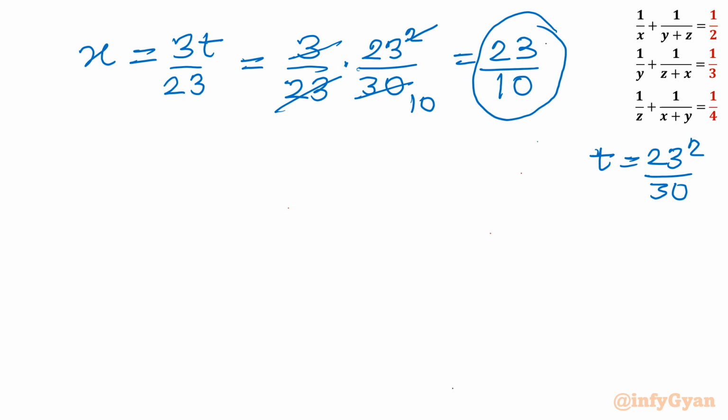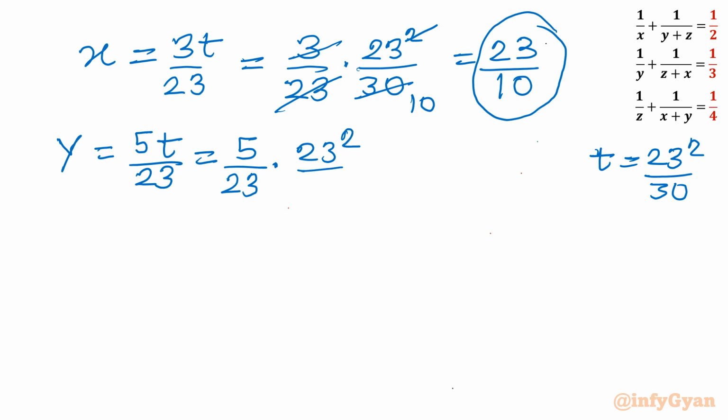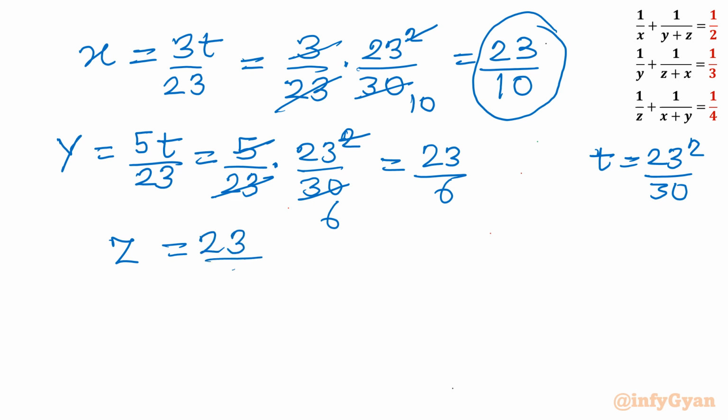This is our x value. Now similarly I will write y. Y was 5t over 23. Let's put the value of t. So I will write 5 over 23 and t is 23 square over 30. Now I will cancel 23, and cancel 5 and 30 also by writing 6 over there. So the answer becomes 23 over 6. Now if you find the z value, you will get your answer 23 over 2.